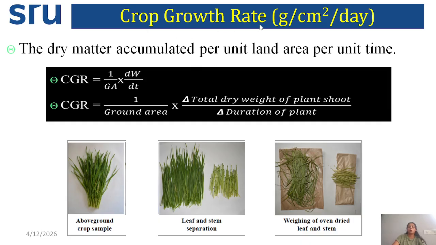The unit of crop growth rate is gram per centimeter square per day. Dry weight is in grams, ground area is in centimeter square, and time is per day. If you know the formula, you can easily know the unit.